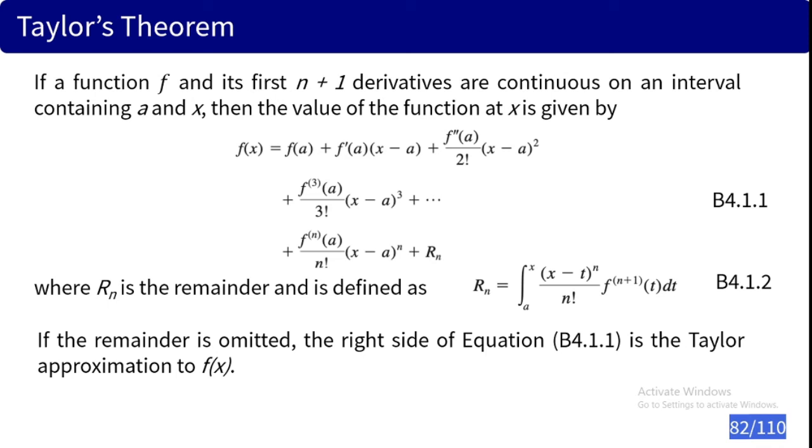Okay, so Taylor's theorem: if a function f and its first n plus 1 derivatives are continuous in an interval that contains a and x, then the value of the function at x is given by equation B4.1.1. So if it is a series, and the function is continuous in the interval a to x, so we have variables a and x, then the Taylor series is modified by equation B4.1.1.